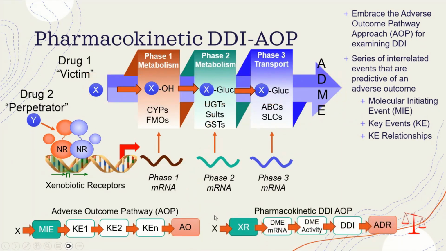So this simplified pathway, we can think of it in a very linear stage that we're showing here, where we have the interaction with the receptor changing the transcription or mRNA, changing the enzyme, drug metabolism enzyme activity, leading to drug-drug interaction and an adverse drug response.